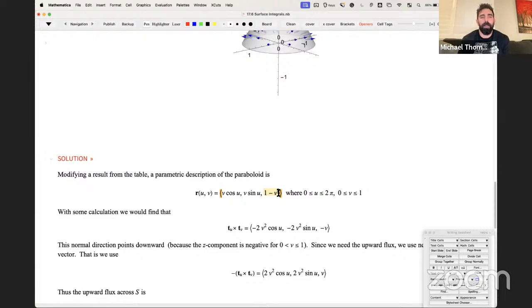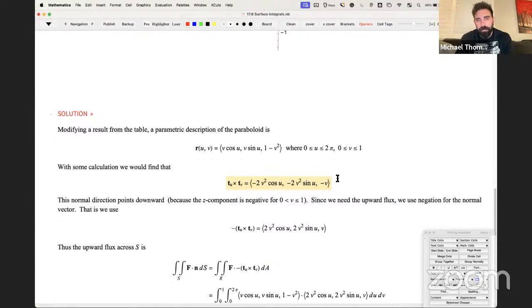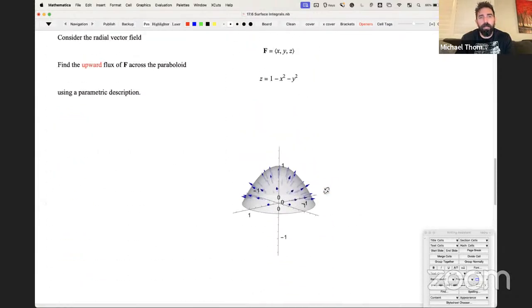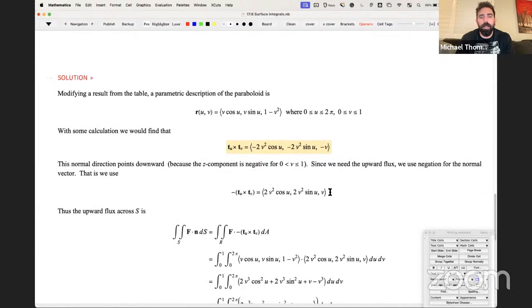All right. And then you're going to want to find T_u cross T_v. You can't use T_u cross T_v from the paraboloid with vertex at the origin because it's not the same surface. So you're going to have to do some math here. But assuming you went through the calculations, you would find that T_u cross T_v equals that vector, which is normal to the surface. By the way, we've chosen the upward direction for the flux, so you want to ask yourself if this points in the upward direction.